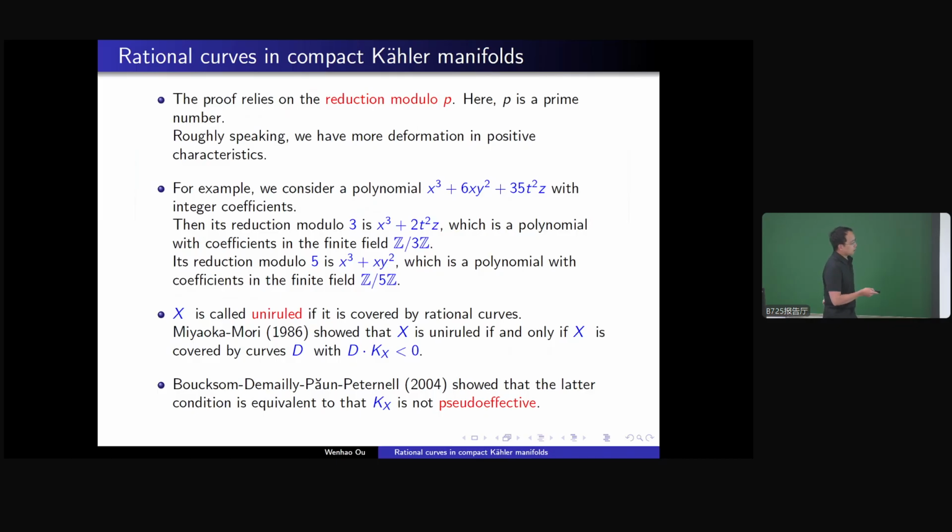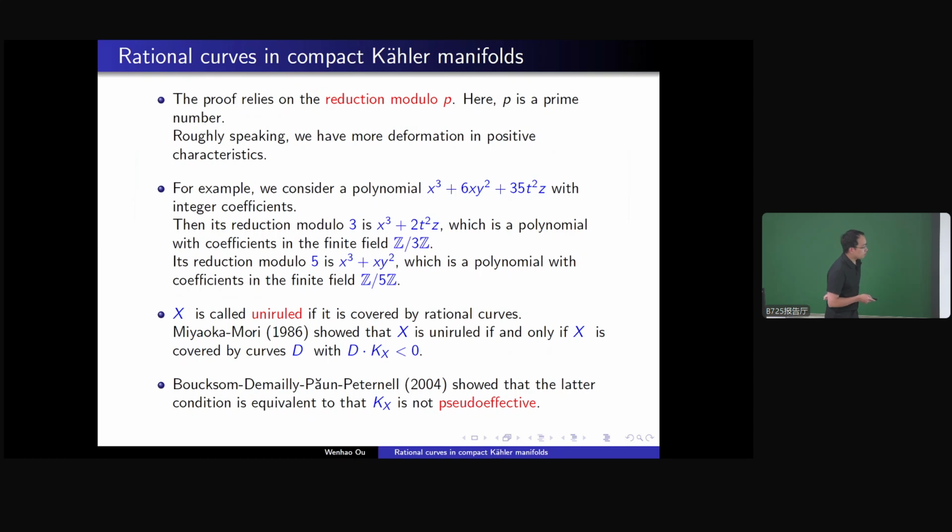Indeed, we just need to do this bend and break for each such curve, and then we can produce a lot of rational curves, because by definition, through every point of X, there is such a curve D passing through that point with this negative intersection.